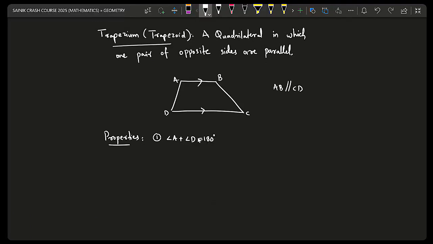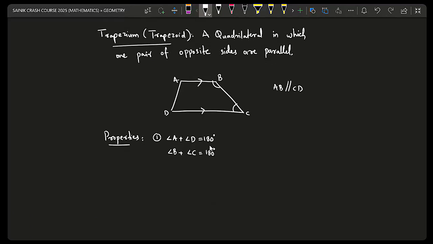Similarly, angles B and C are co-interior angles for the parallel lines, so B plus C is also equal to 180 degrees. This is the property.